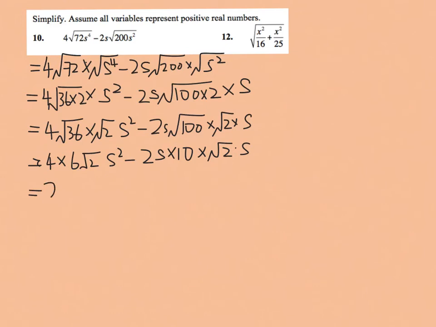So you end up with 24 root 2 s squared minus 20 s root 2 times s.